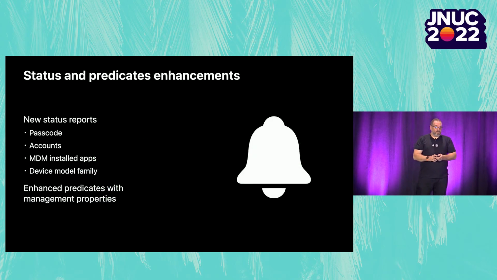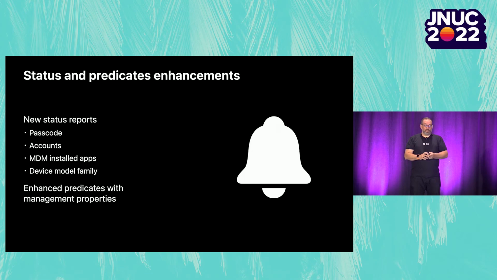Status reporting allows the device to share information about its current state, and if there are any changes, these can be reported to the server proactively without having to poll the device for its updates. In addition to device properties, the status now reports passcode presence and compliance, accounts, and MDM setup, app installation, and information. Activations can now use an extended predicate syntax, including status, to support more complex predicate expressions.